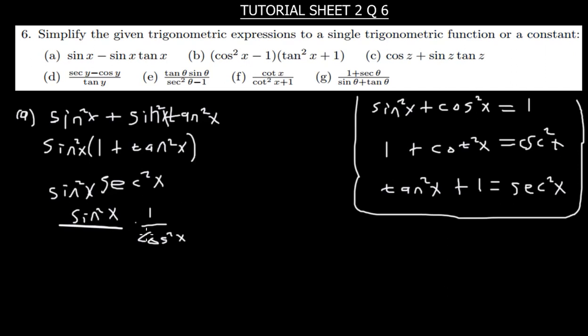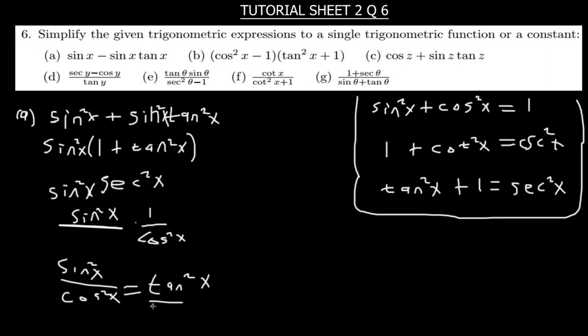If you have such an expression, you multiply this, you are going to have sine x over cos x, which gives you tan. It will give you tan squared as your final answer.